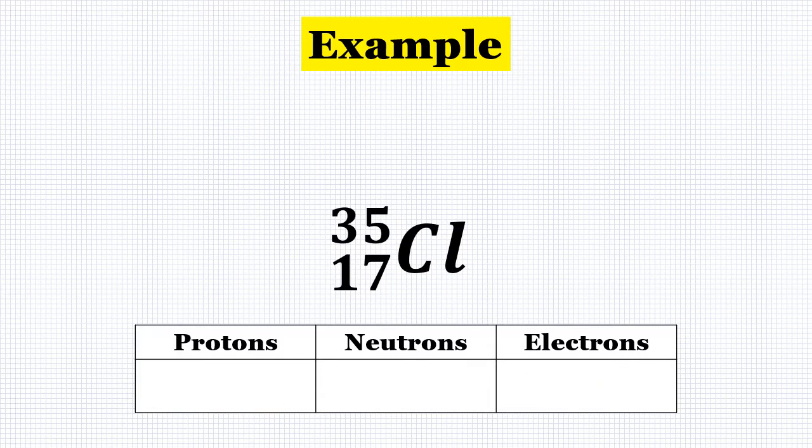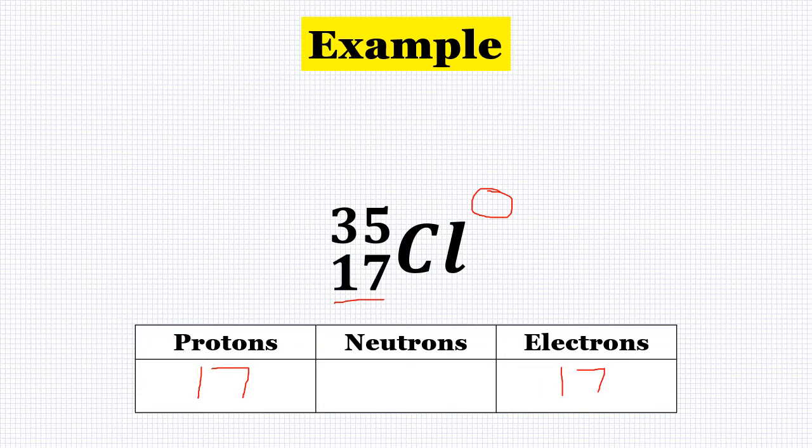Okay, here we have chlorine, you know, that wonderful smelling stuff in your pool. So for chlorine, we have an atomic number of 17, which is the number of protons. Again, there's nothing here for the charge, so we assume that we have the same number of protons and electrons, which is 17.